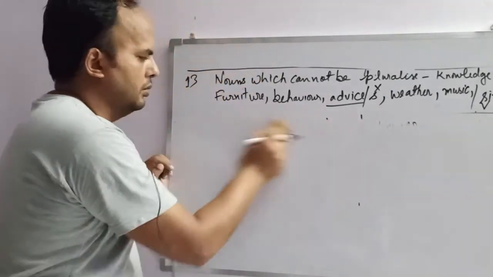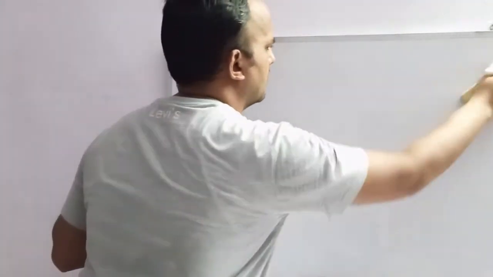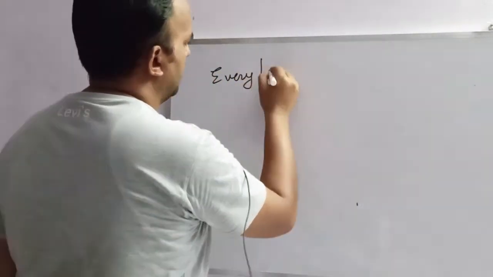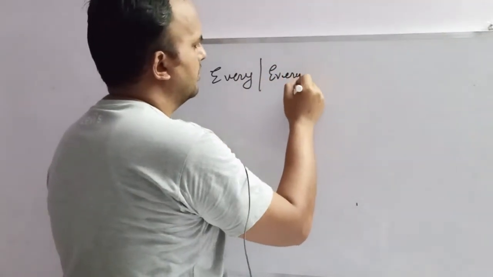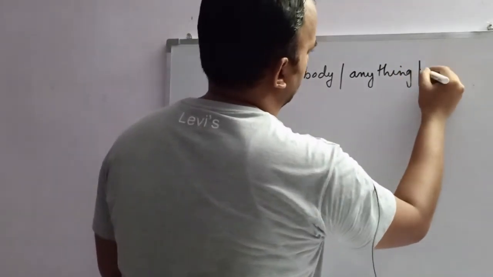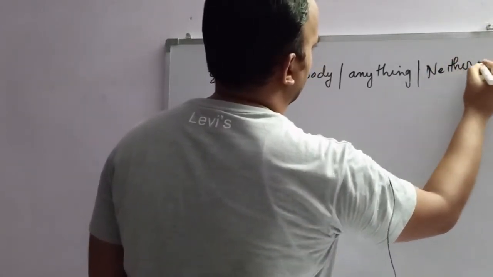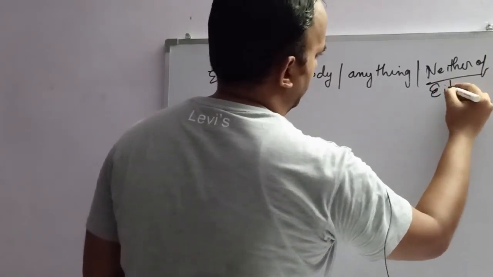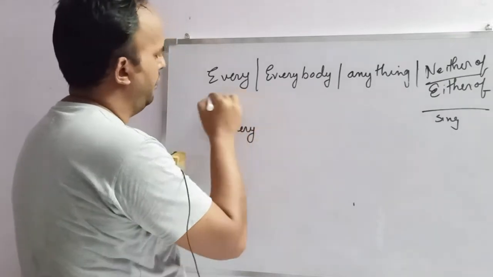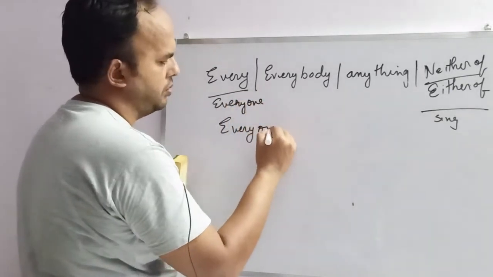Now the next rule says, if we take everybody, anything, neither of, use singular, like everyone is present.